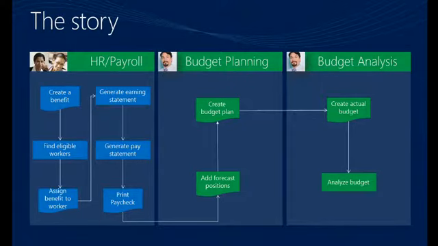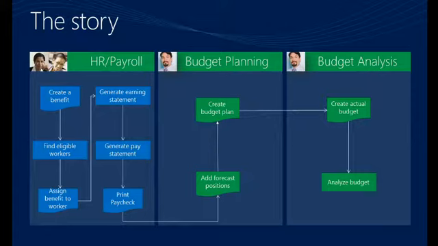The next thing we want to talk about is budget planning. So Brad is the budget manager for the city of Maple. And one of his tasks is to create or to work on the budget plan for the police department for the new fiscal year.